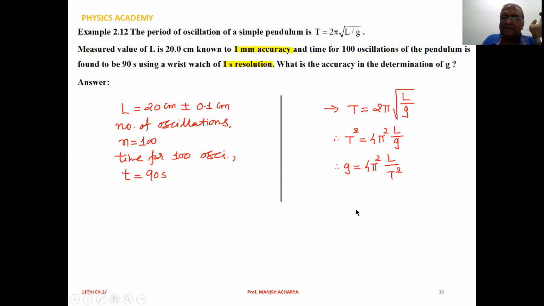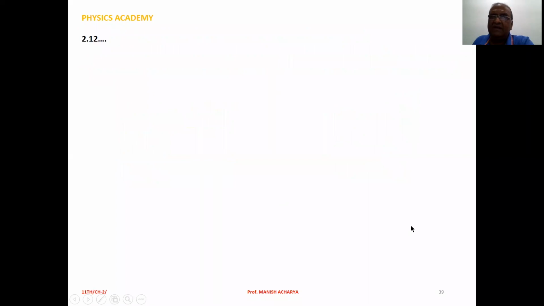It implies that the relative error in g will be equal to the summation of the relative errors in the individual physical quantities. So delta g by g equal to delta L by L plus delta T by T. But in the equation, T is appearing with power 2.